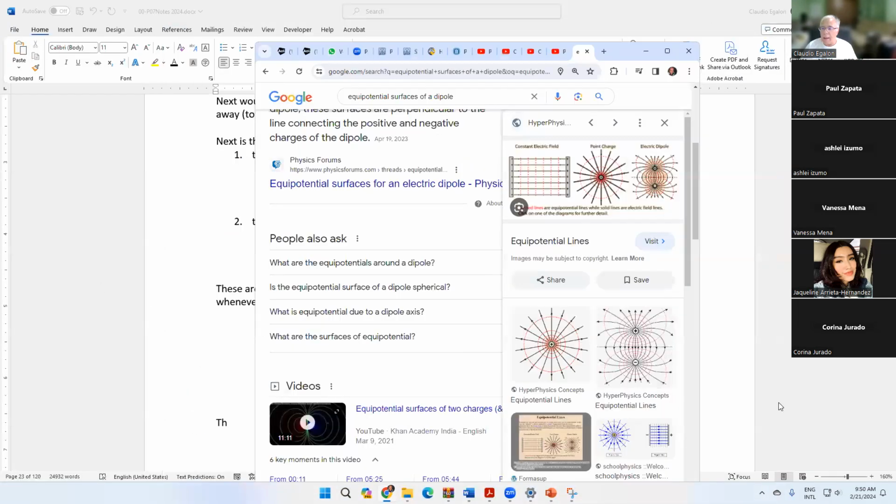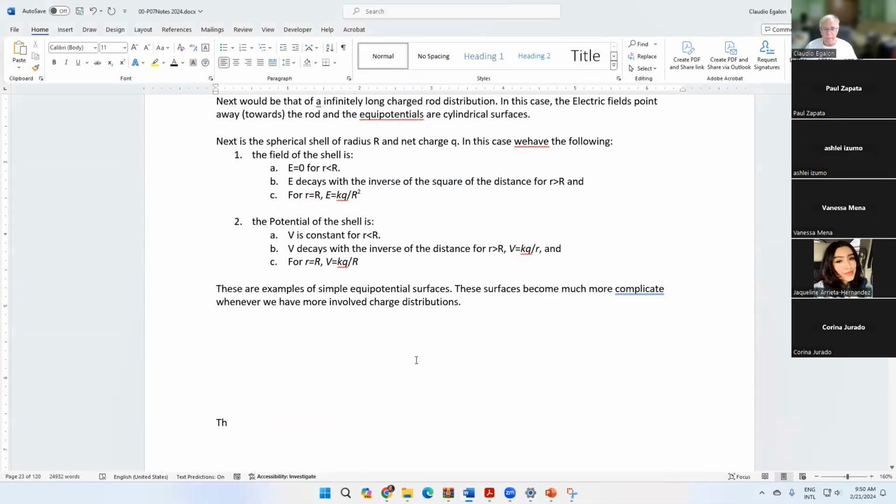These are examples of simple equipotential surfaces. The surfaces become much more complicated whenever we have more involved charge distributions. See, for instance, the equipotentials of an electric dipole.